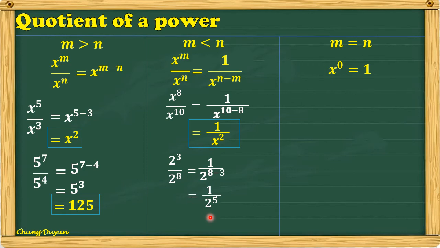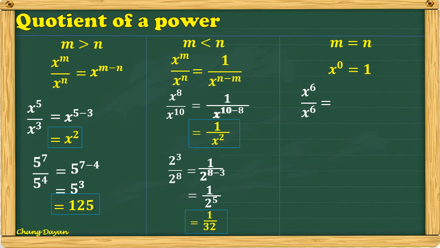Ulitin ko, 2 raised to the 5th power means you have to multiply 2 5 times itself. So 2 times 2 times 2 times 2 times 2. And we'll get 1 all over 32.